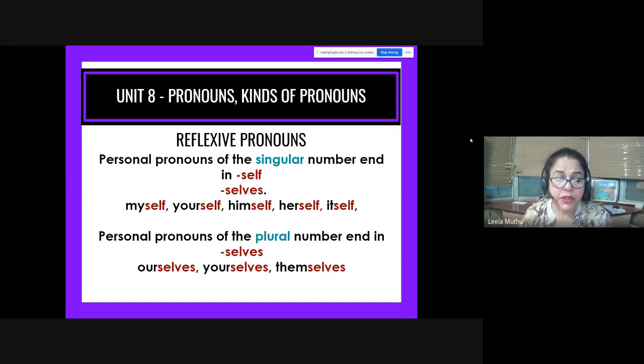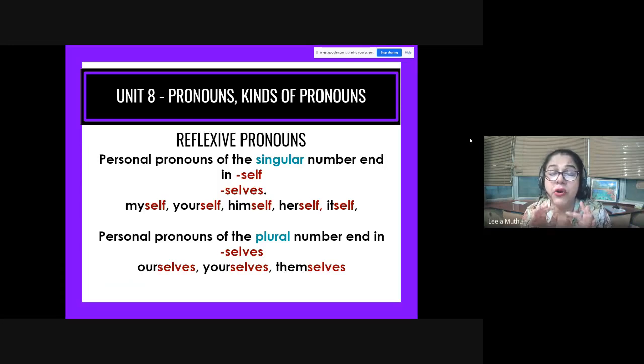All right. So personal pronouns of a plural number, more than one. To these, you will add the suffix selves. So, for example, ourselves, themselves, yourselves.